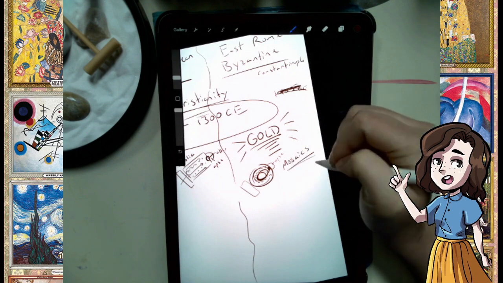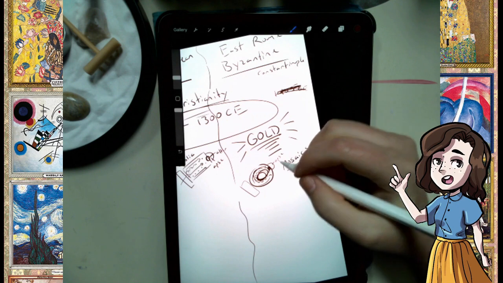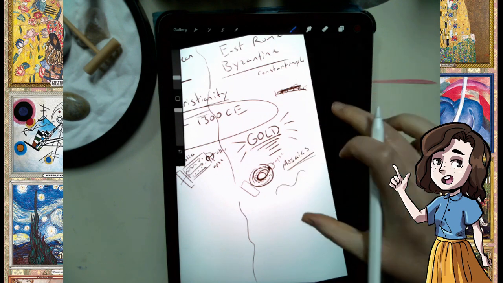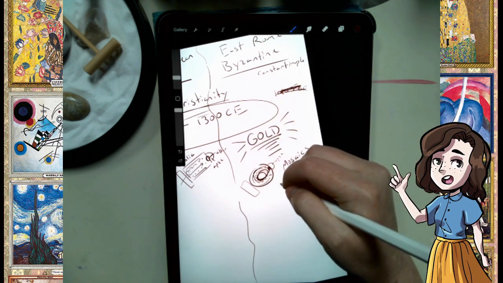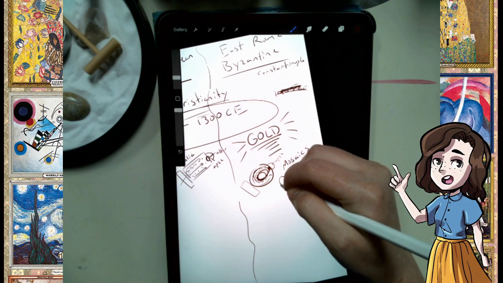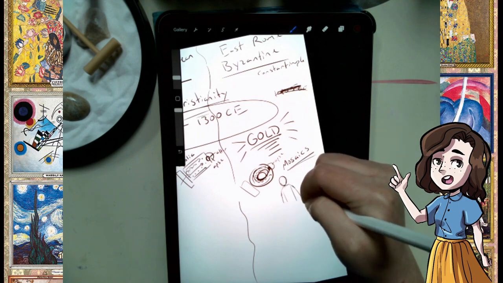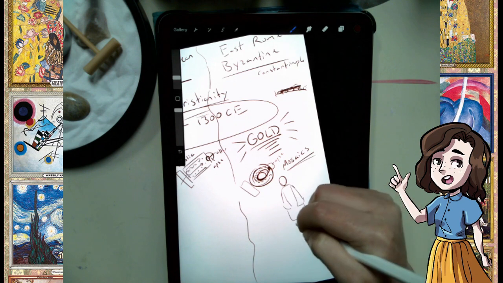But the Byzantine mosaics are going to start to change a little bit, where Rome did this kind of snake-like way of doing their lines in their mosaics. Byzantine are focusing more on this kind of stylized representation of people, where we get them almost like floating. This is where we start to see this kind of Christian style being developed.